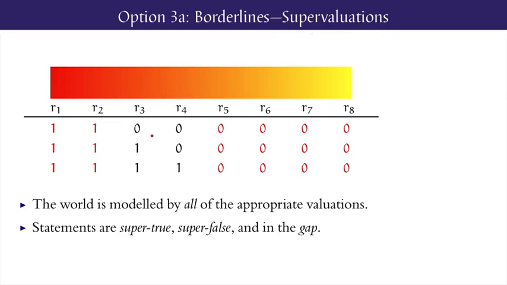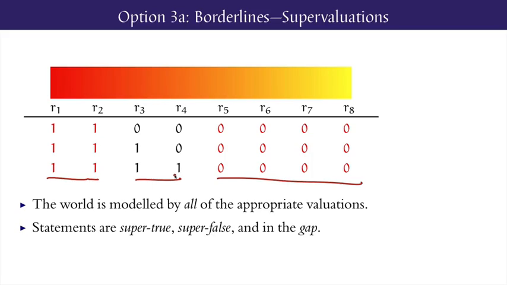Statements are either super true, like R1 and R2, these are statements which are true in all of the valuations. Super false, they're the statements which are false in all of them. Or in the gap, there's true in some, but false in others. Now, this is not the same as 3-valued logic.